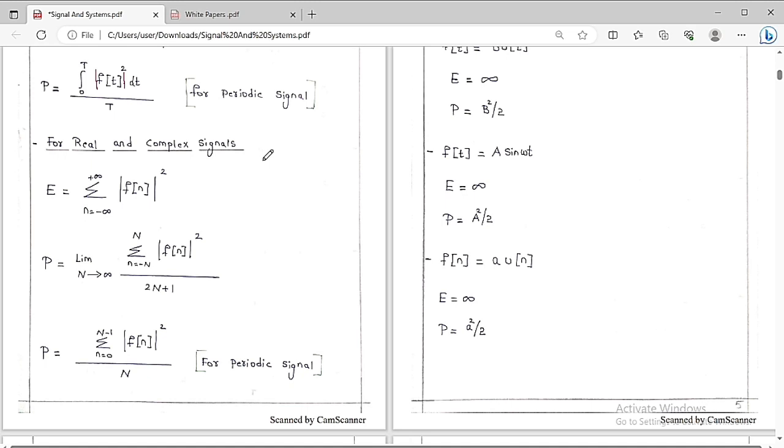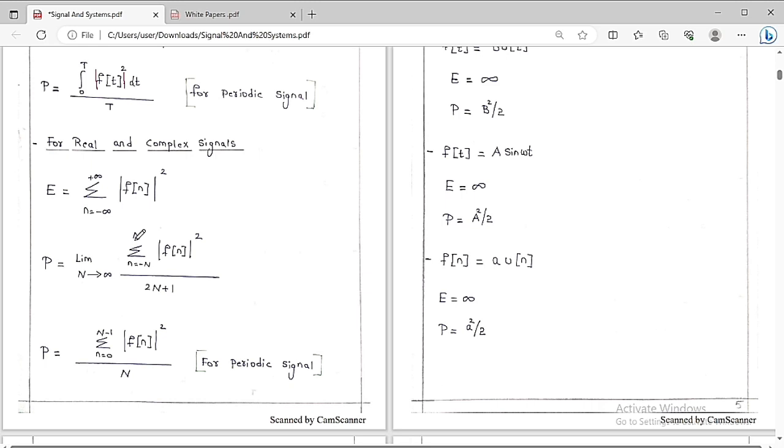Here f of n, because it's a discrete time domain, can be either a real value signal or a complex value signal, which is E equal to sigma n equal to minus N to plus N of |f(n)|², and power is equal to limit N tends to infinity of sigma n equal to minus N to plus N of |f(n)|² by, here, how many samples are there?